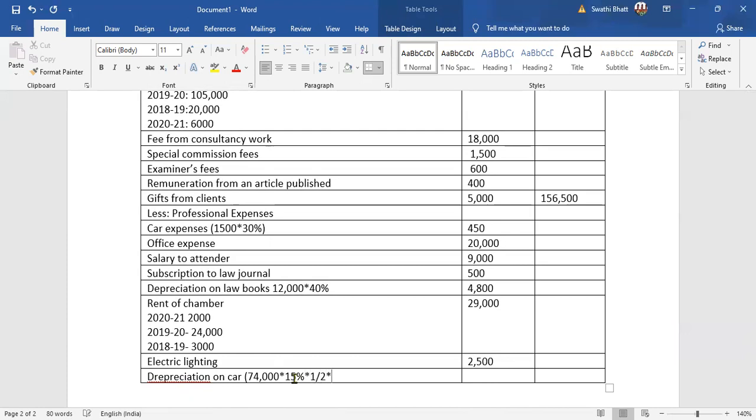The calculation does not end here. Only 30% of the car is used for professional purpose. So for depreciation on the car, only 30% is related to your profession. Before you write the amount, you write 30% over here, because only 30% of depreciation is related.